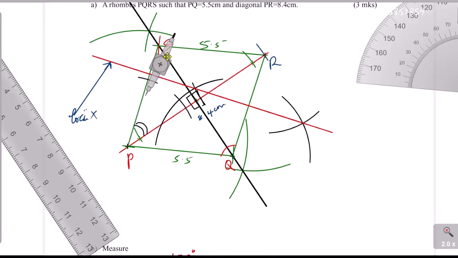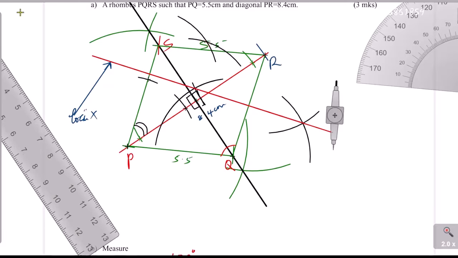Then you stand on this arc that you made there, then mark an arc above there with the same radius without changing that. Stand on this arc, then cut that arc. Now you can see the point of intersection of the two arcs is there.